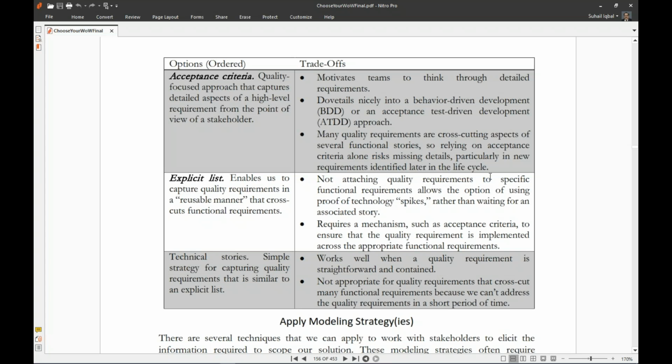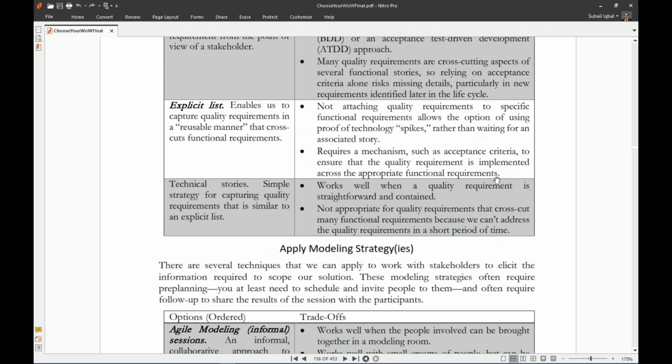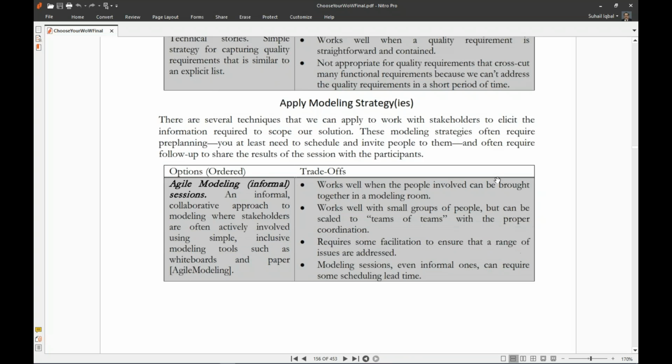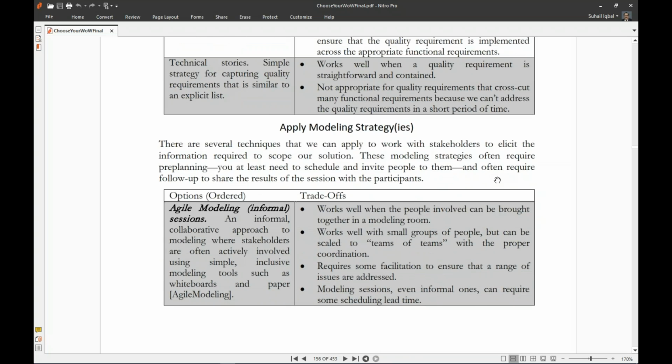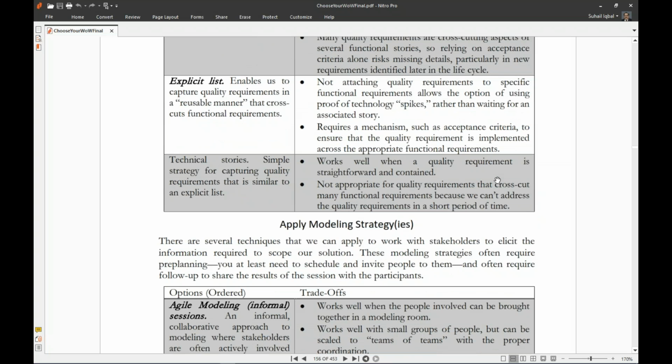Requires a mechanism such as acceptance criteria to ensure that the quality requirement is implemented across the appropriate functional requirements.